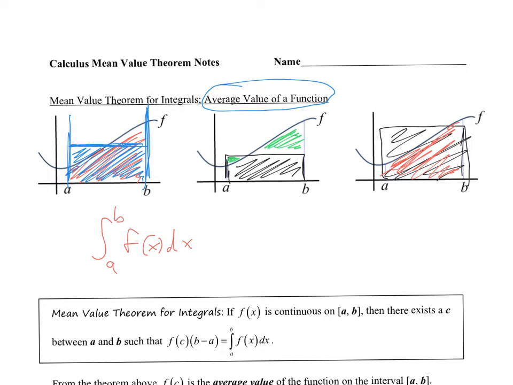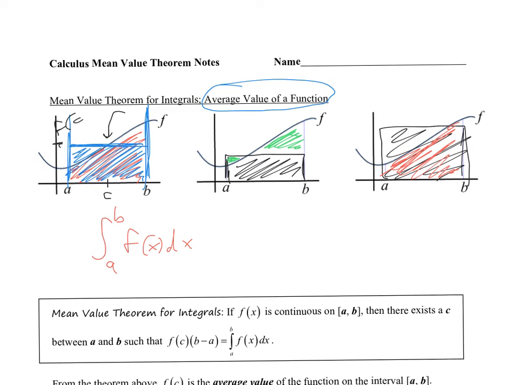If you look at the very first example I did, we would say the sweet spot is right there, where that blue rectangle is exactly the same as the red area under the curve. Let's call that new x value c, and so the y value associated with that would be f of c.